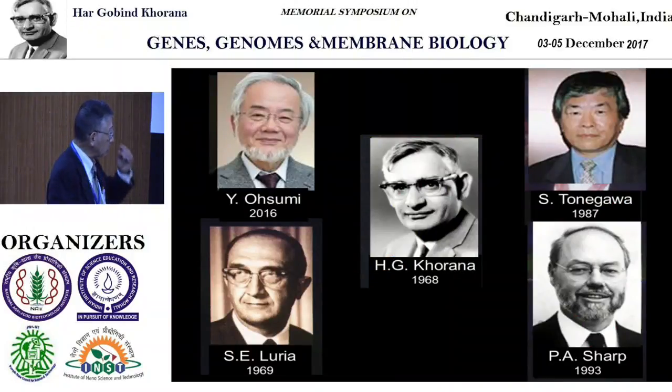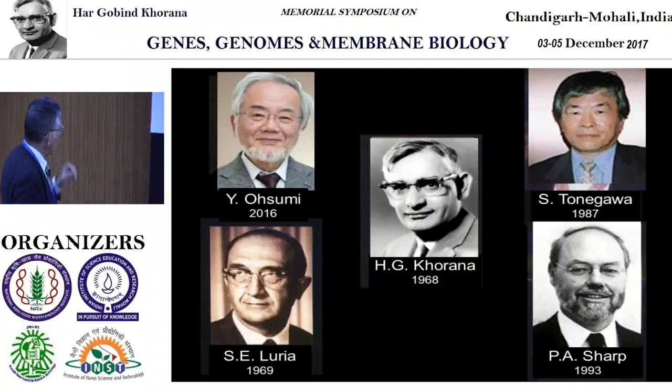I associated myself with Nobel laureates of physiology and medicine. Ohsumi happens to be one; he got his Nobel Prize for autophagy last year. He was 3 years senior to me. For my undergraduate thesis, he was actually a tutor.